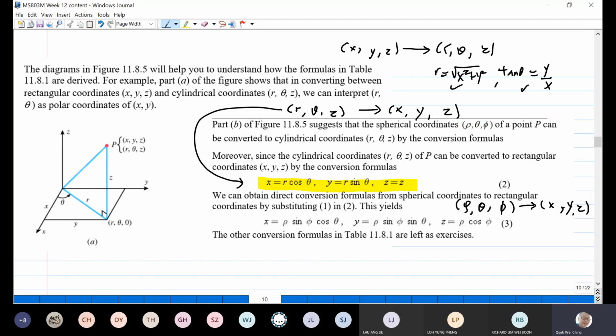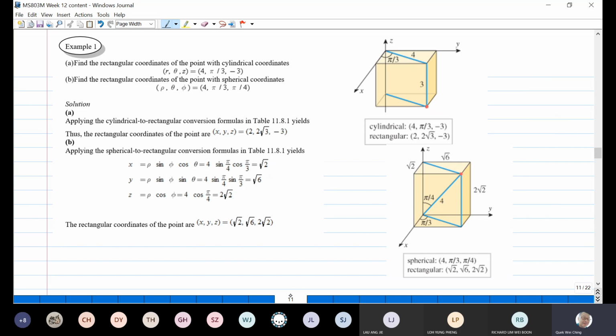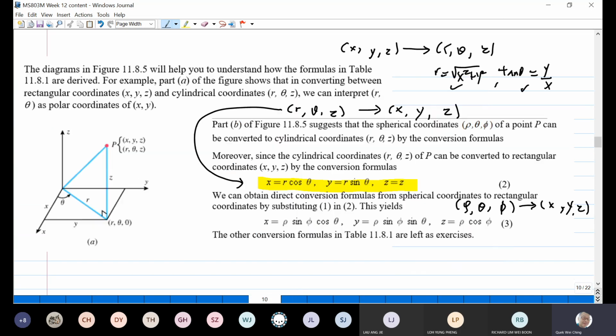What is rho? I think the next diagram is better, because this diagram is not very helpful here. Rho is the distance from the origin, so this distance here is rho.